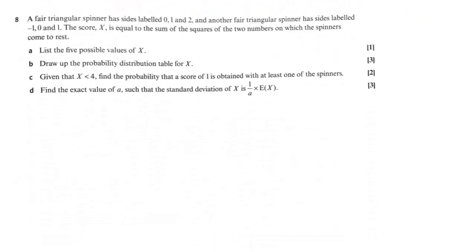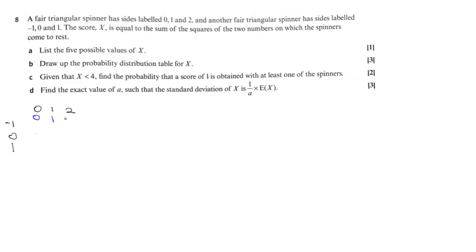In problem number 8, we've got a fair spinner. It's got sides labeled 0, 1, and 2. And then another fair spinner that's got sides labeled -1, 0, and 1. So let's put a possibilities table together here. Now, what's going to happen is that the score is going to be equal to the sum of the squares of the numbers that come up on the spinner.